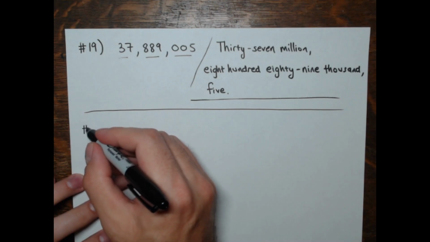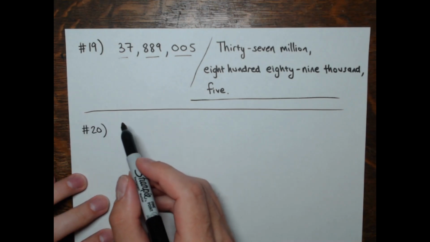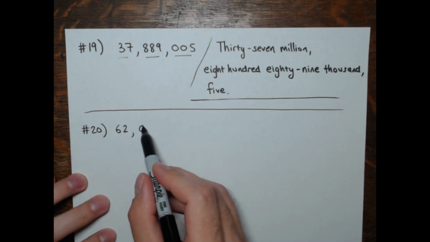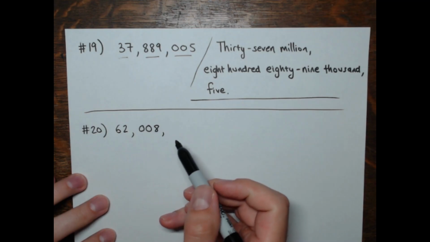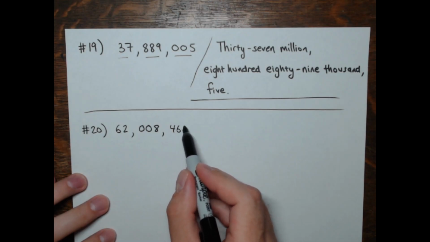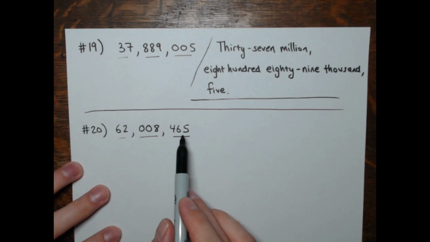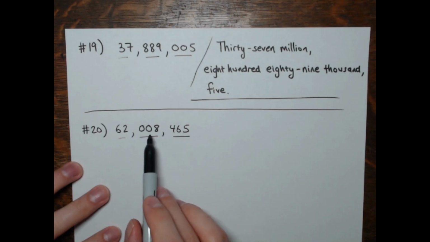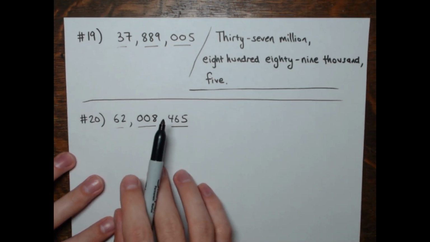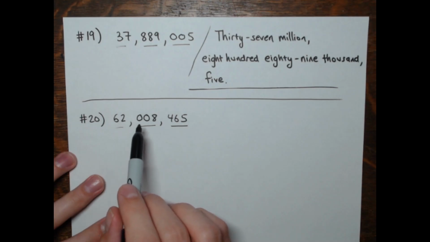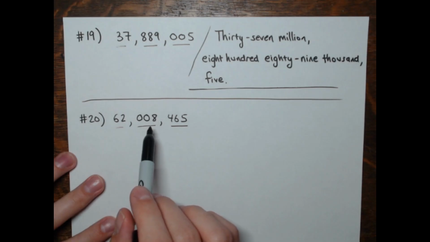All right. Then number 20 has the same number of digits as number 19. So here's number 20. Digits given are, from left to right, 62, comma, 008, comma, 465. So again, 3 periods, ones on the right, then thousands, then millions, right? Same as before. So this is 62 million, then just 8,000, right? No 100,000s, no 10,000s, just 8,000.